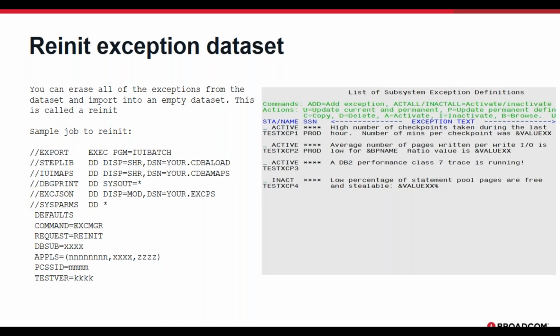As you can see in the screenshot on the right side, the only 4 exceptions there are the ones that were imported with the Reinit function. It's important to note that for the exception definitions to be active, the data collector needs to be restarted.